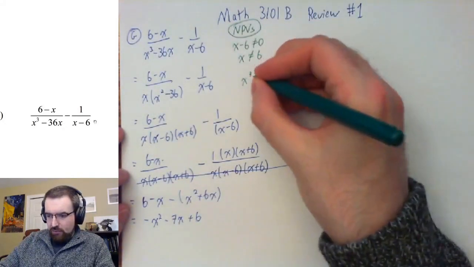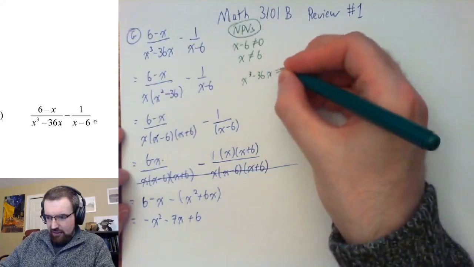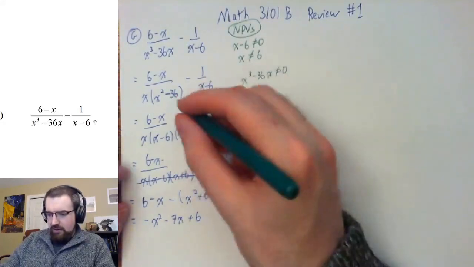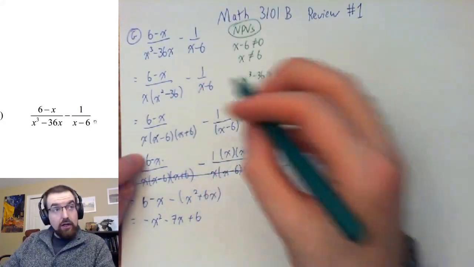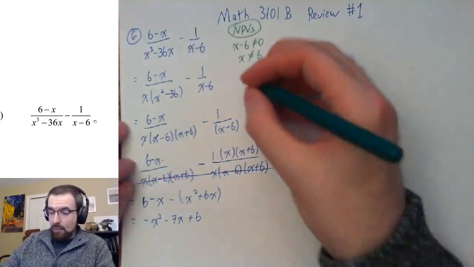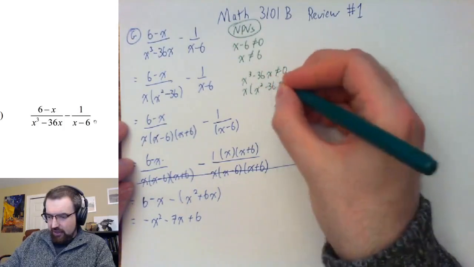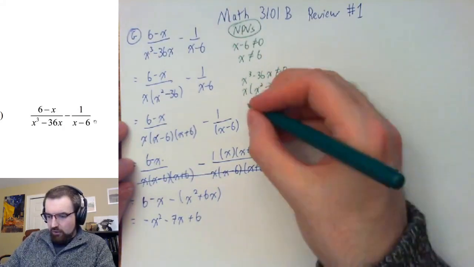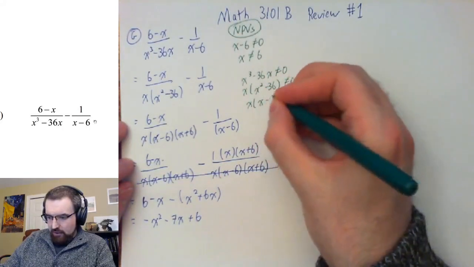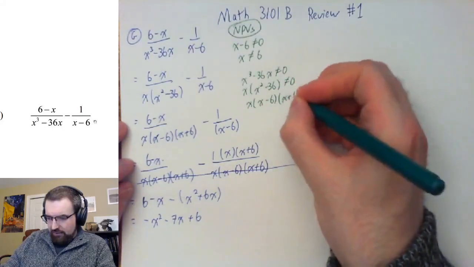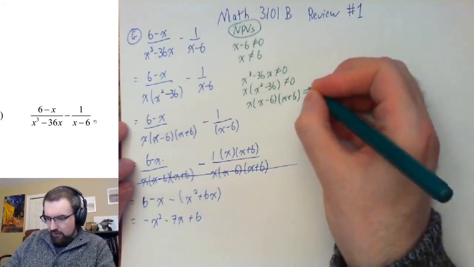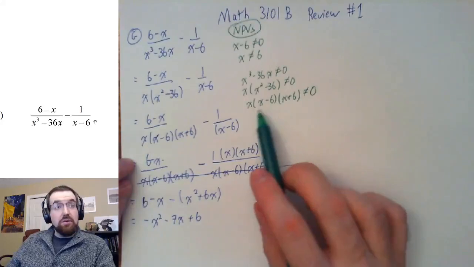So x cubed minus 36x cannot equal 0, which means I'm going to keep factoring it like I have done over here. x outside of x squared minus 36 can't equal 0, which means x minus 6 and x plus 6 can't equal 0.